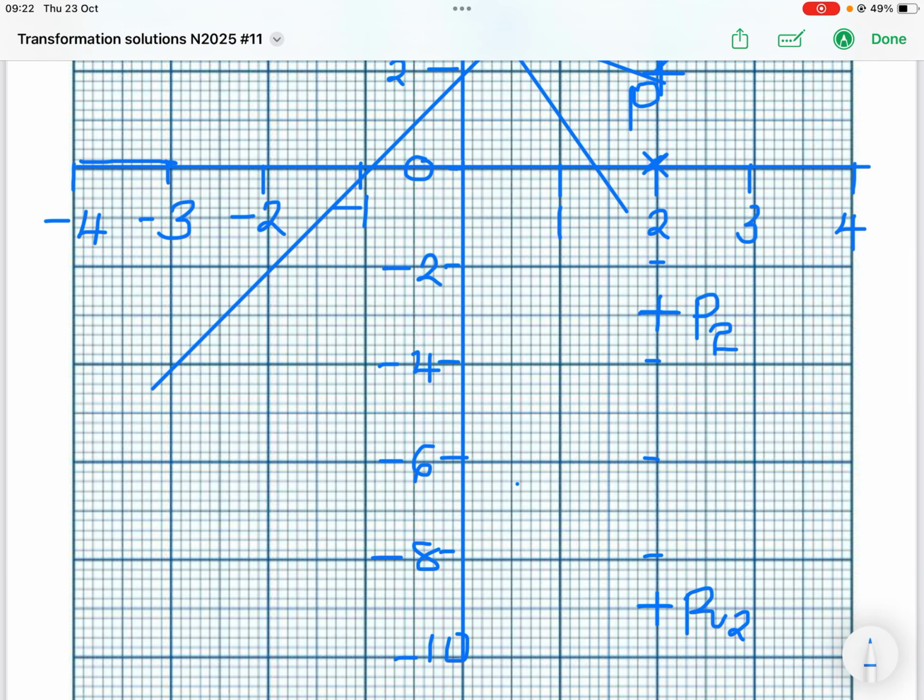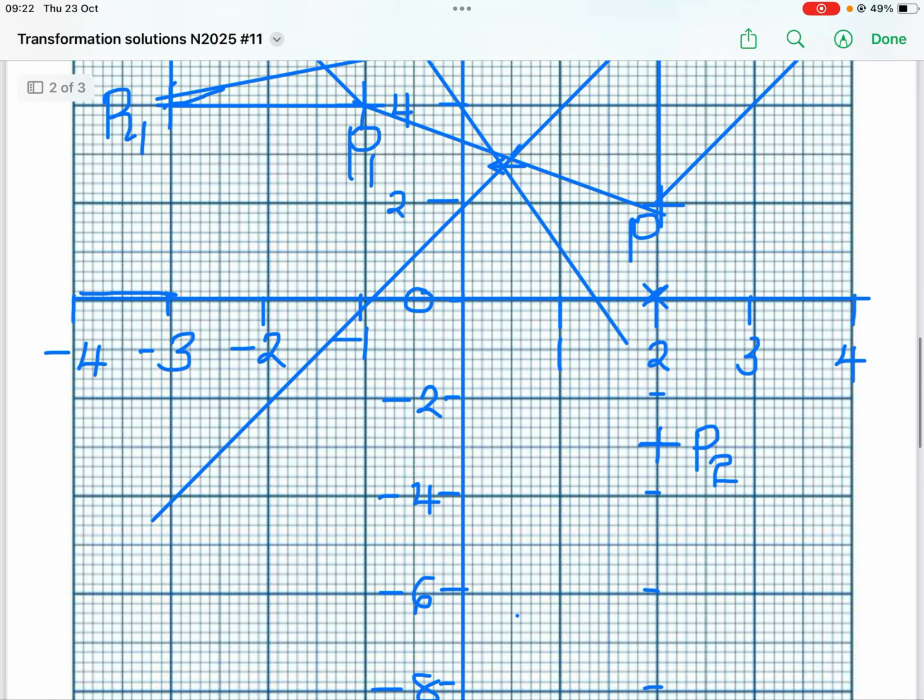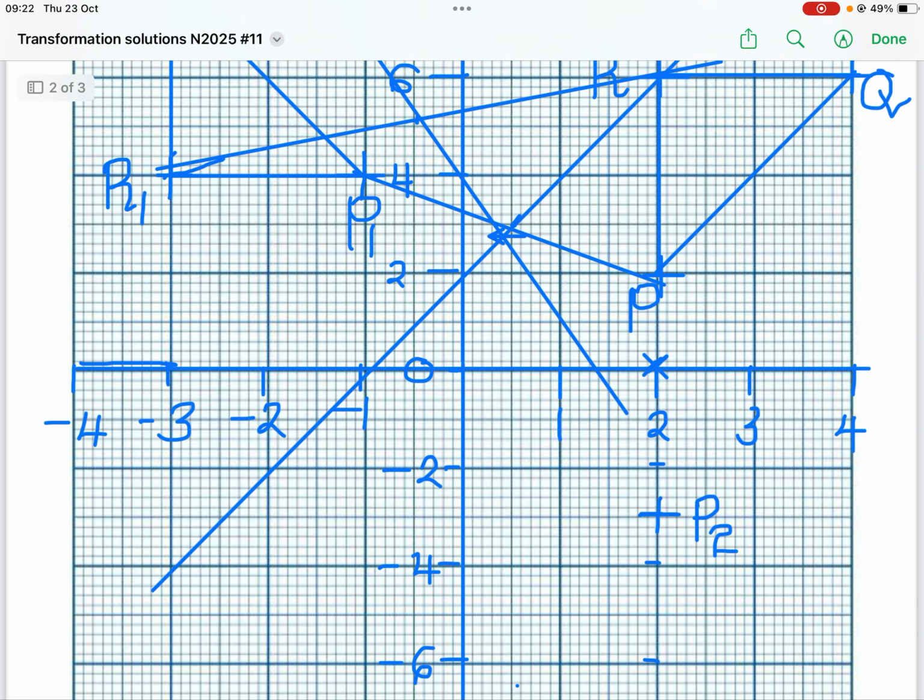And then we need now to see for the last one, which is Q. So from Q to 2, we can measure using a ruler. Here I'm having 8 centimeters, right? So I'm going to say 8 times 1.5, I'm going to get 12. So from the center of enlargement, I'm supposed to measure 12 centimeters.